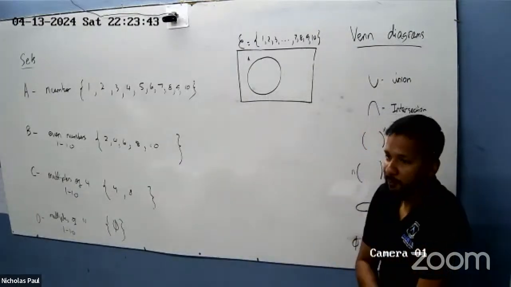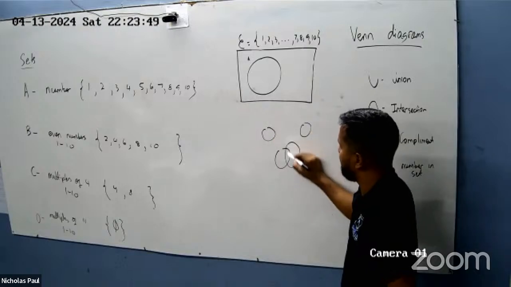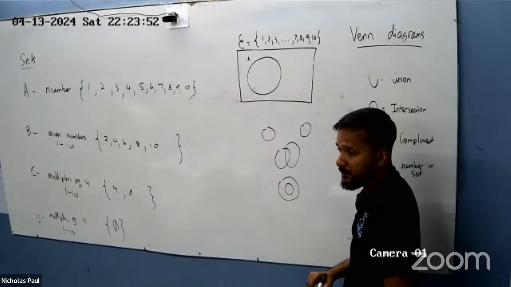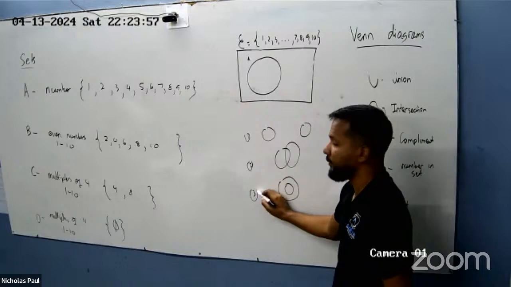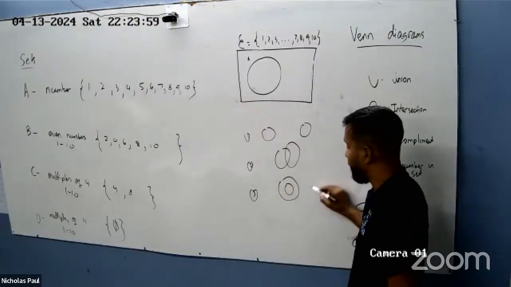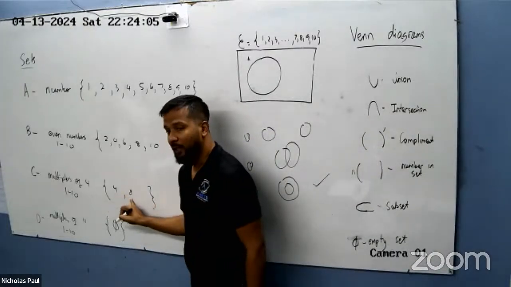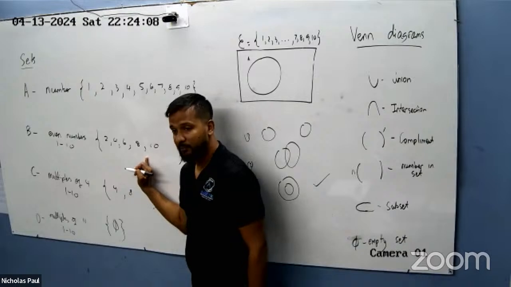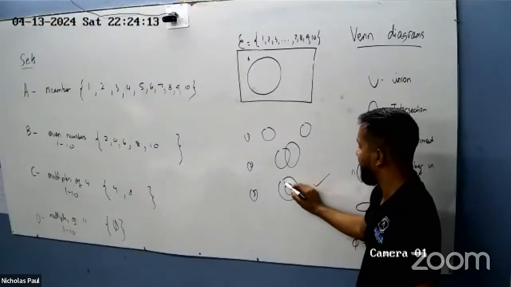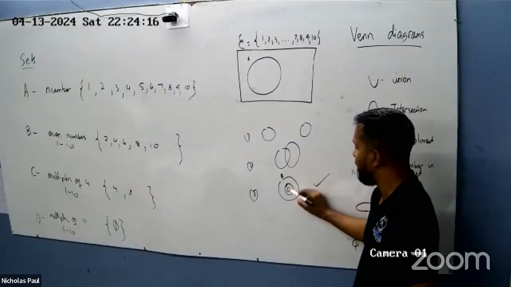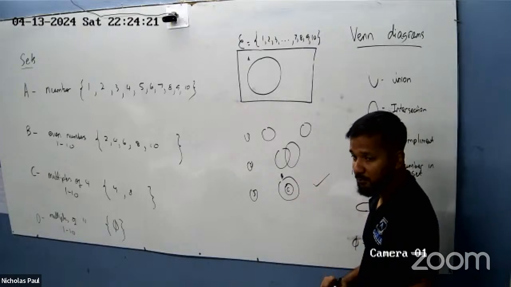In terms of our sets, where do I put B? Do I put it separate, do I put it like this, or do I put one inside the other? Which one, 1, 2, or 3? 3. Look at it: all the elements in C belong to B. Because all the elements of C belong to B, everything in C goes inside here.